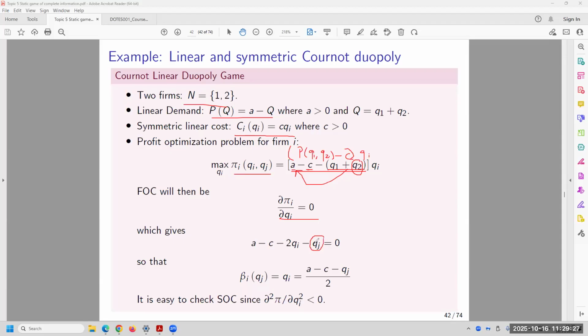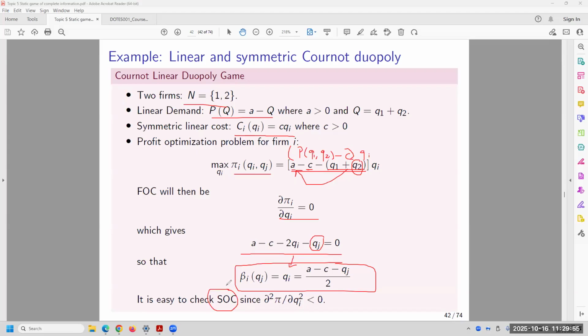That's how you solve the partial differentiation. Once you solve it, you have this. Of course, you also check that, because it is quadratic, this first order condition is indeed the optimal.